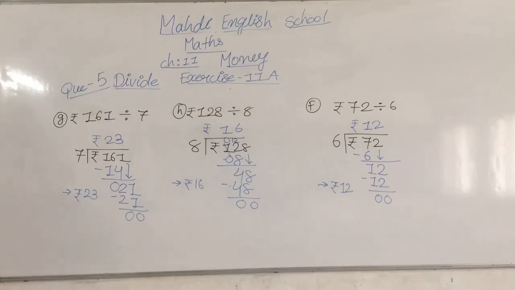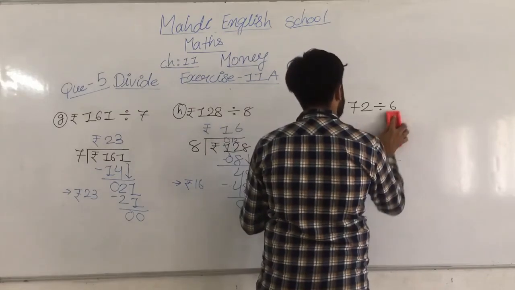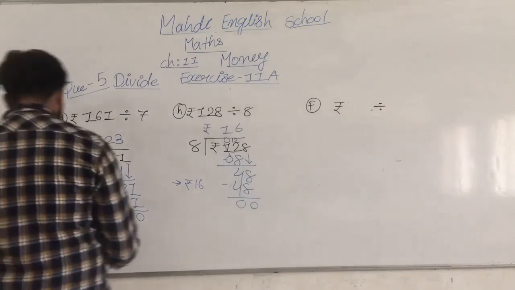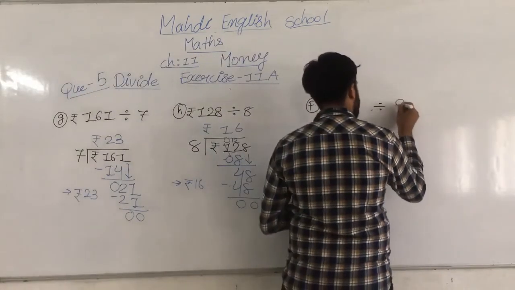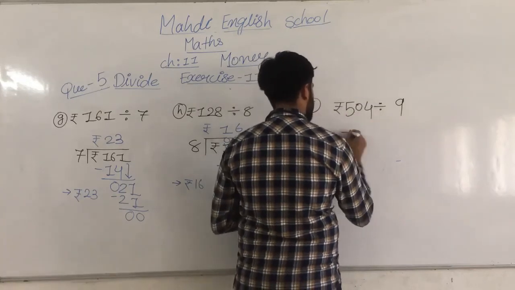And then the last question, number I, 504 divided by 9. Okay.